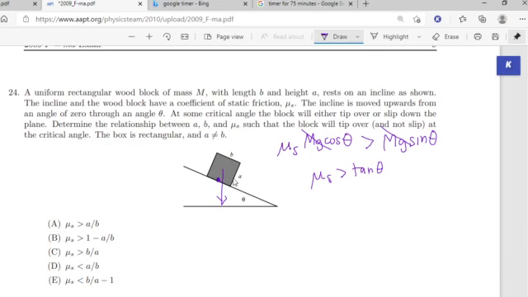Hmm. Well, actually, I think we could do this by looking at torque. So let's pretend we have some plane here, and I kind of have to tilt my head, but let's say this is the y-axis and this is the x-axis.